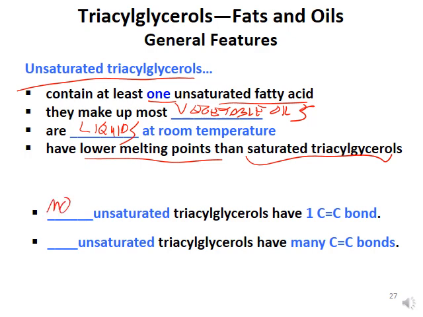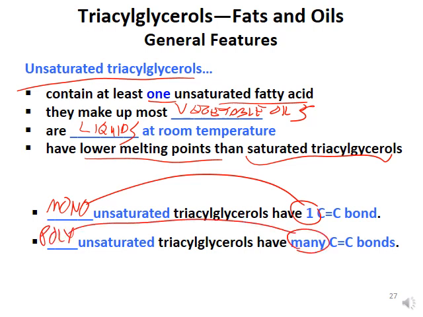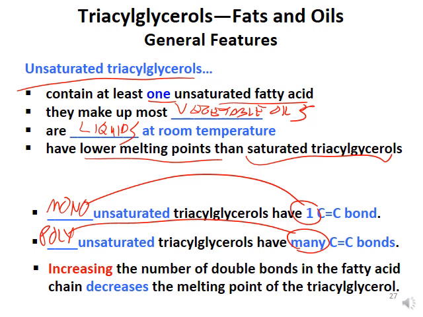Now, there are different kinds of unsaturated. There's mono, 1, and there's poly, many. And increasing the number of double bonds decreases the melting point. Decreases the melting point.